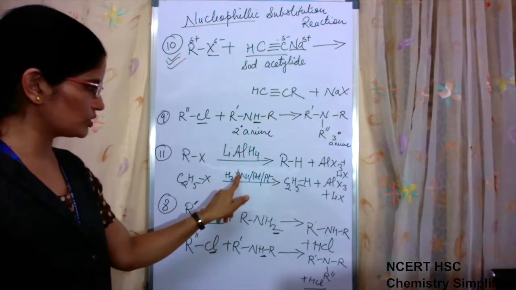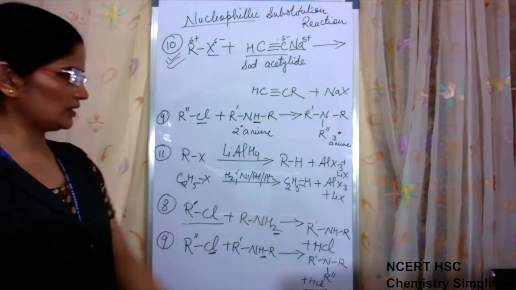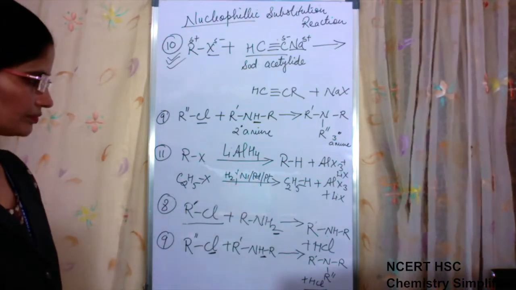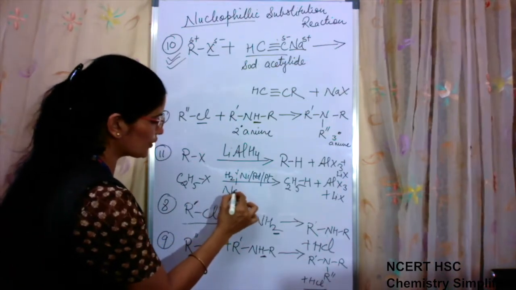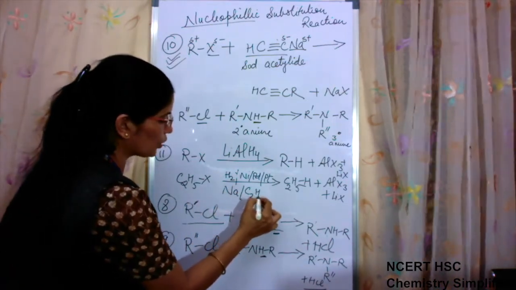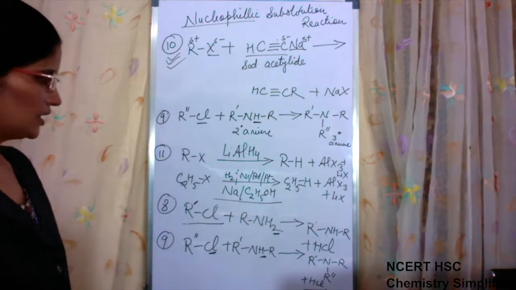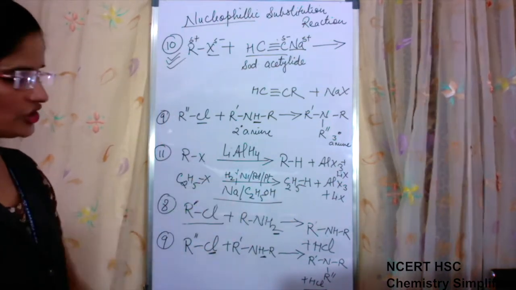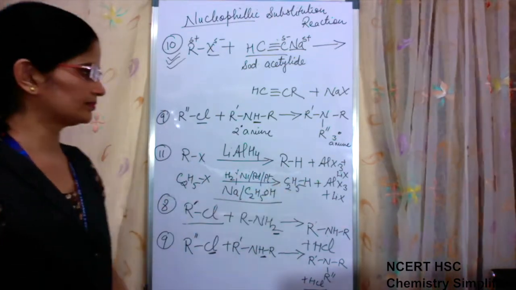You can also use hydrogen in presence of nickel, palladium and platinum. One more strong reducing agent is sodium in presence of ethanol. This is also a very strong reducing agent. So any of these agents can cause reduction of RX into RH.